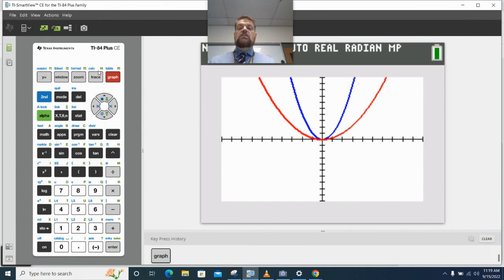So what you'll see is that it horizontally compresses or stretches it, right? So if b is greater than 1, it stretches it. If it was a fraction, it compresses it, just like before when it's written in that form. Does that make sense to you guys?